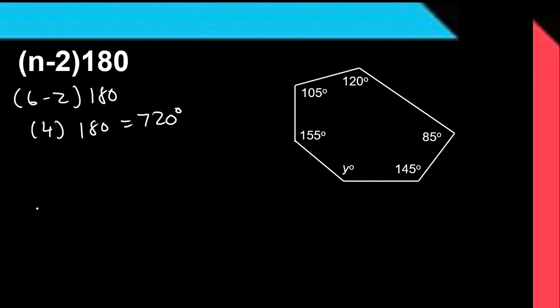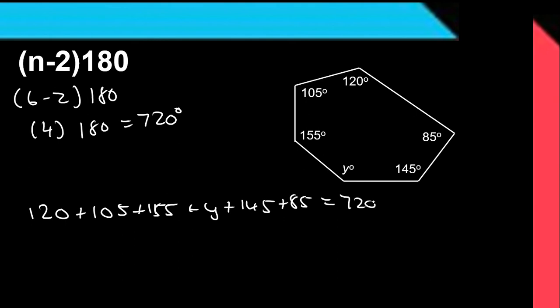So I know that when I add all the angles together inside, it has to equal 720 degrees. That is a nice easy question to begin with to see what the angles inside add up to. If I add all the numbers together, I get 110 plus y equals 720. So y is going to equal 110 for that to equal 720. A nice easy question to begin with.